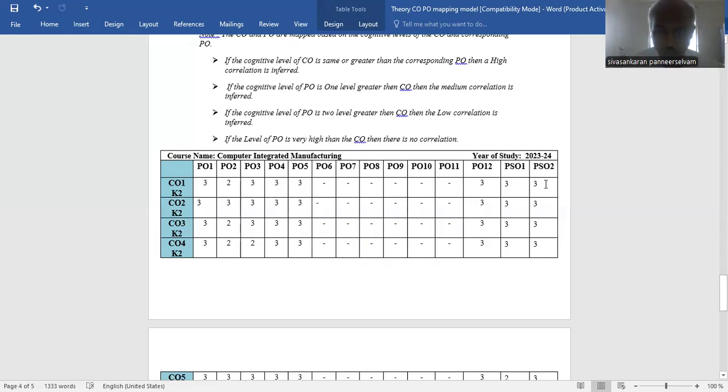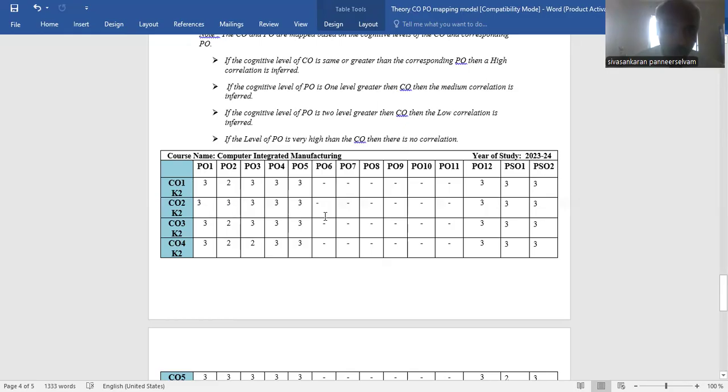Similarly PSO2, solving real-time problems, also has high correlation with CO1, so it is given an equal weightage of 3. Likewise, we have to map the remaining 4 COs with all 12 POs and 2 PSOs. Let us continue the discussion in the same manner.